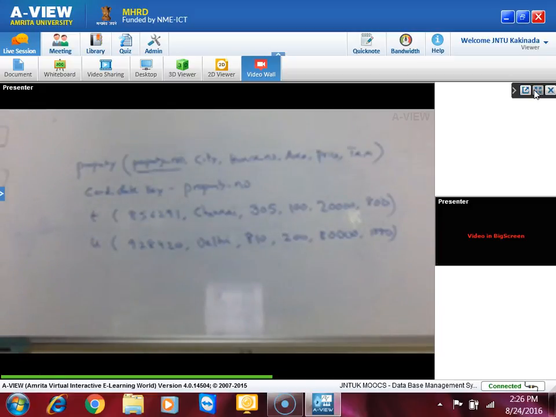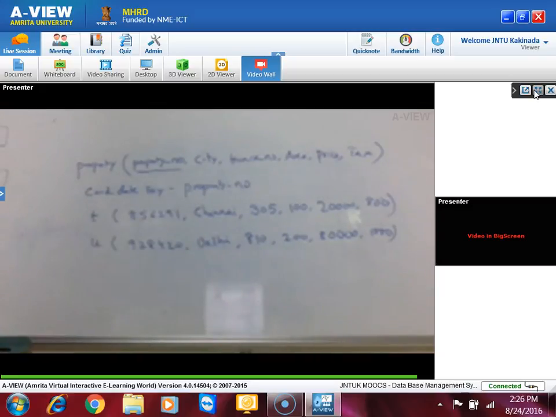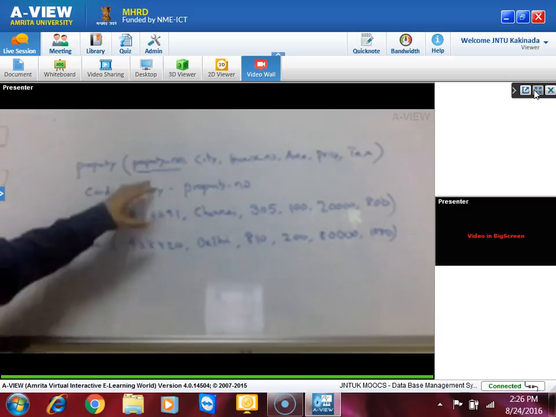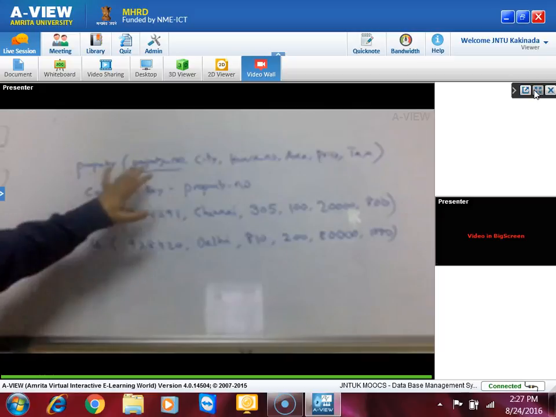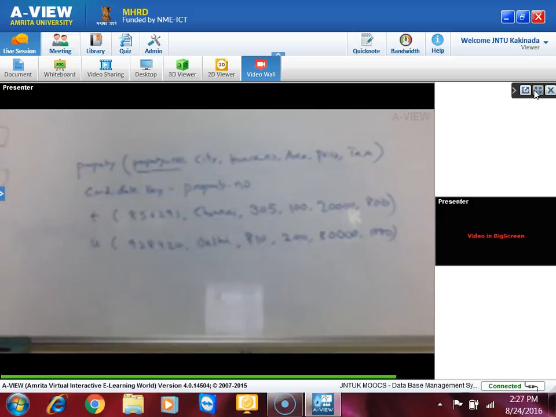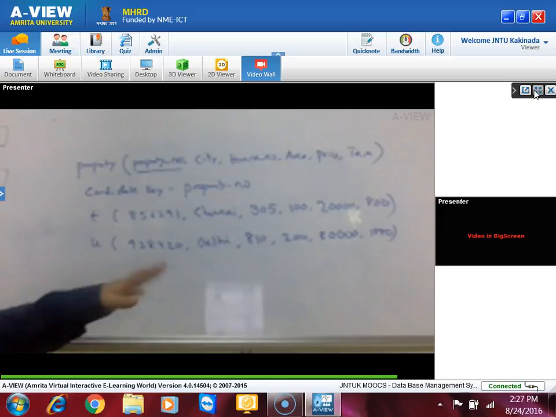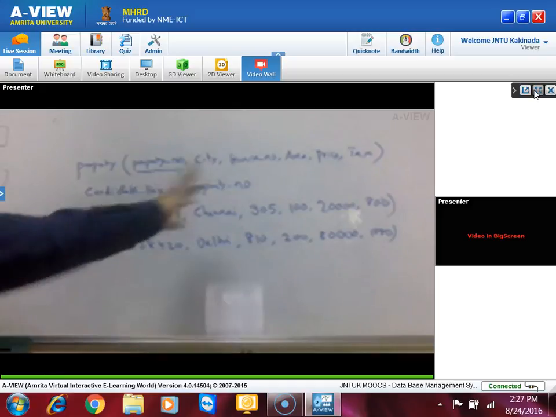Now, we want to find out the functional dependencies that hold in this relationship. What is a functional dependency? Functional dependency means that one of the attributes, or a set of attributes, in this relation can determine the values of the other attributes. If so, then we call that a functional dependency. Now, these functional dependencies come from the domain.